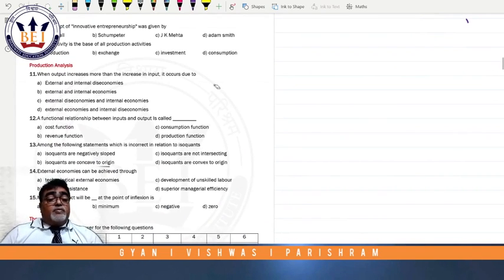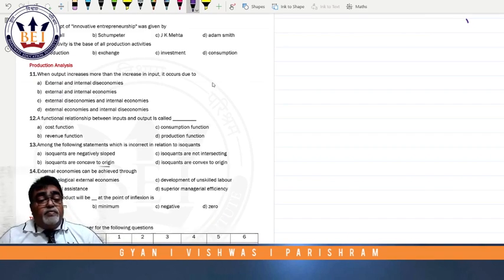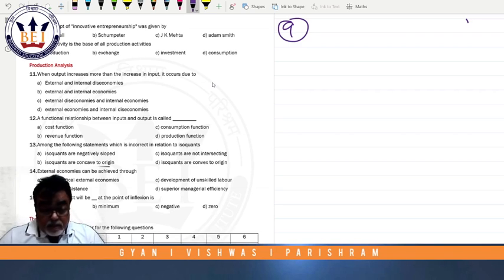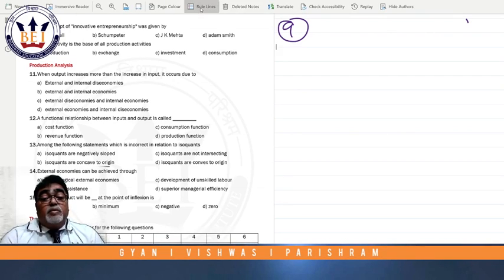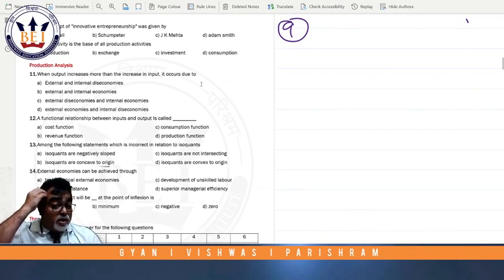Achha. The concept of innovative entrepreneurship was given by. I believe everyone knows that there are 4 factors of production: land, labor, capital, organization. And out of these 4 factors of production, one important thing is organization. And organization means entrepreneur.